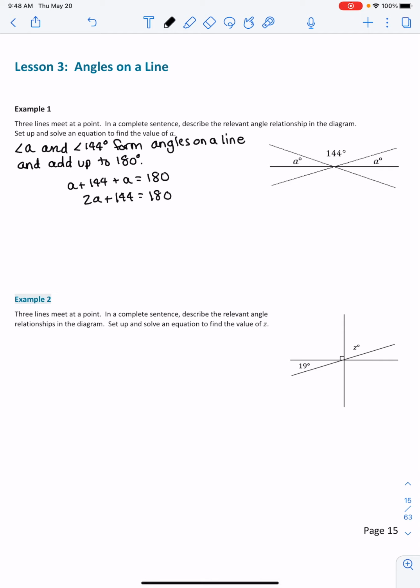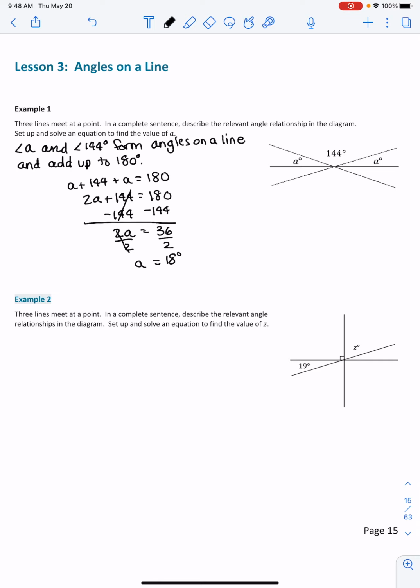So now we're going to subtract 144 from both sides. So I have 2A equals 36. So divide both sides by 2. And A equals 18 degrees.